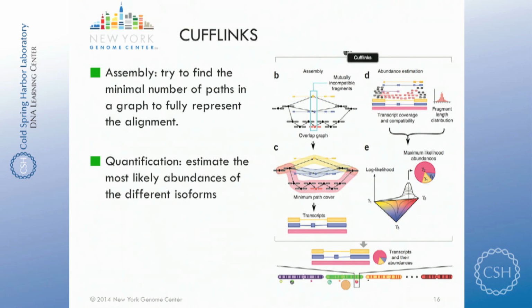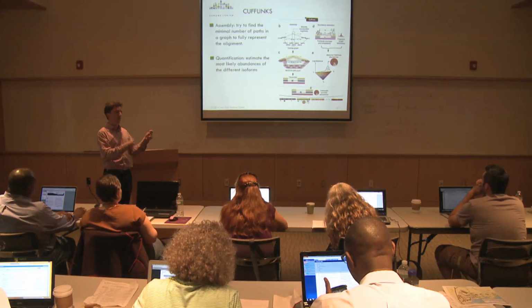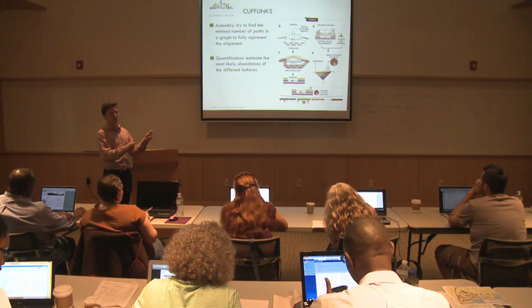But you have an alignment, and you don't know anything about the transcriptome, so you'll try to determine how many isoforms, how many transcripts are necessary to explain the alignment that I observe.